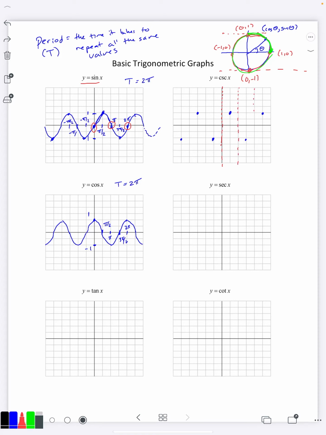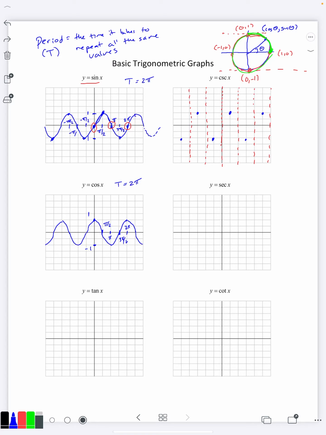And so I'm going to go ahead and draw these things here. And these vertical asymptotes are something very important that are going to happen on both cosecant and secant graphs, as well as the tangent and cotangent later.